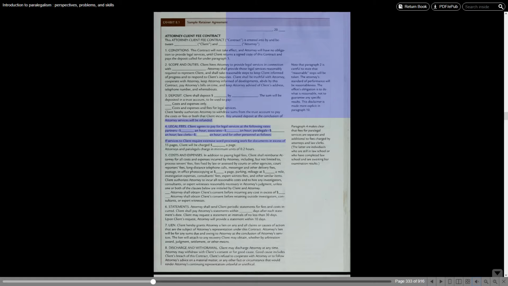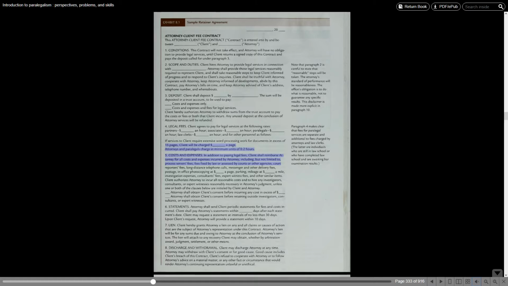Client agrees to pay for legal services at the following rates: partners $NR, associates $NR, paralegals $NR, law clerks $NR, and for other personnel as follows. If services to client require extensive word processing work for documents in excess of 5 pages, client will be charged $1 a page. Attorneys and paralegals charge in minimum units of 0.2 hours.